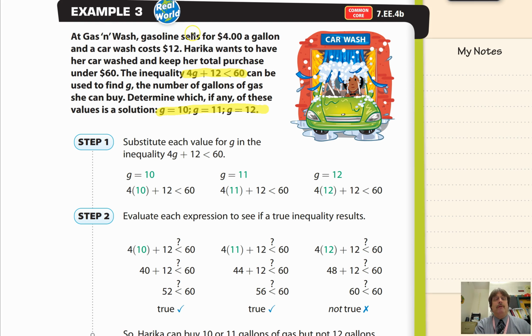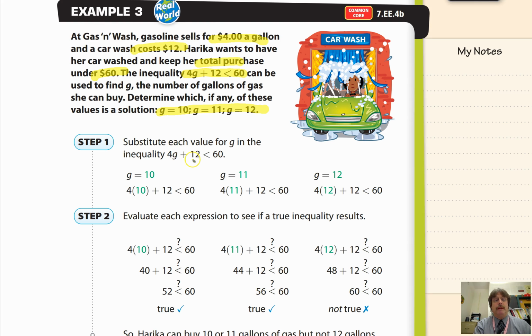So we have all the information. Gasoline sells for $4 a gallon. A car wash is $12. The total purchase is $60. We've learned to write that it's going to be $4 per gallon. "A" is another way of saying "per." The car wash is a one-time charge, so that's $12.